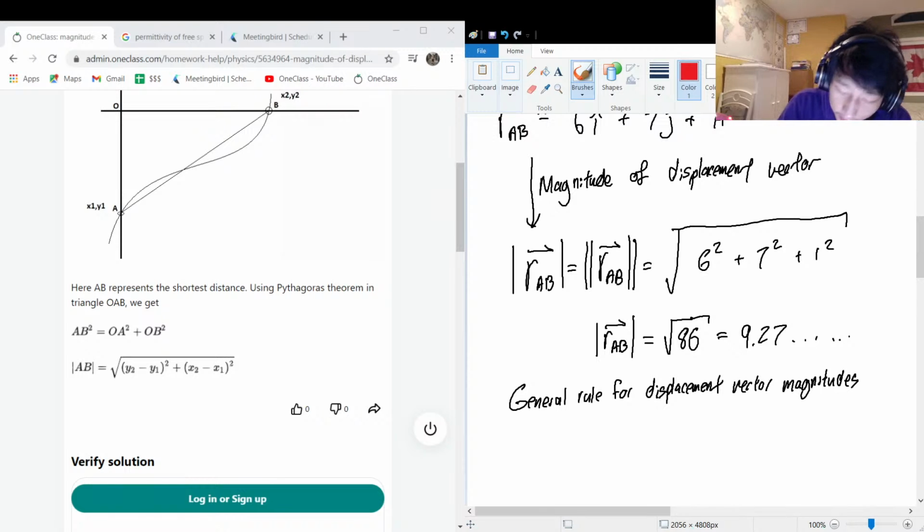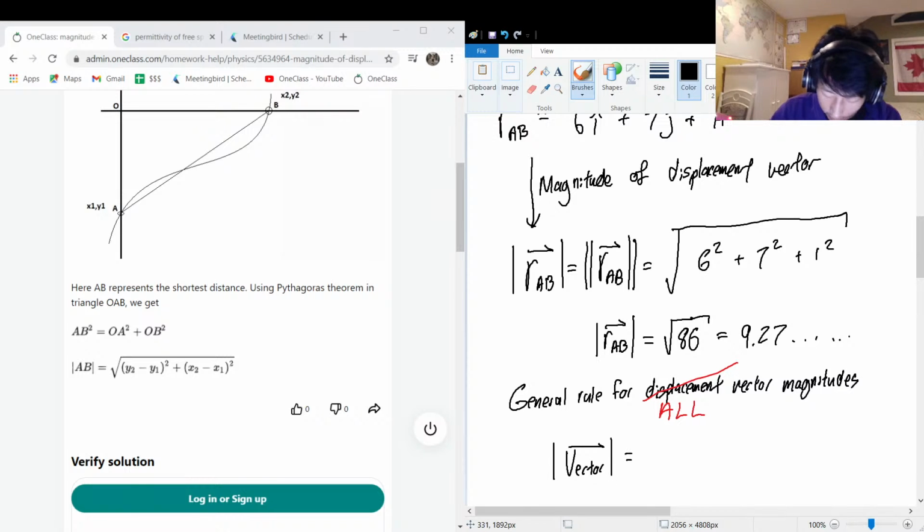Actually, not just displacement, it's a general rule for all vector magnitudes. It could be force, it could be displacement, it could be torque. It looks like this: the magnitude is equal to the square root of the sum of all components, but make sure you square the components before you add them up.